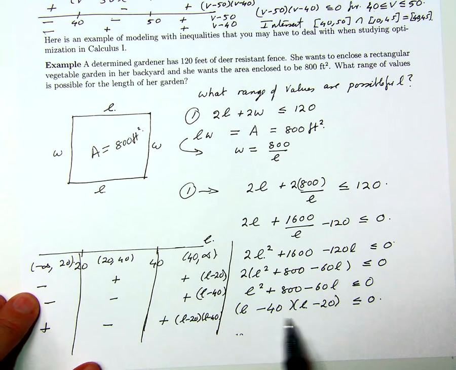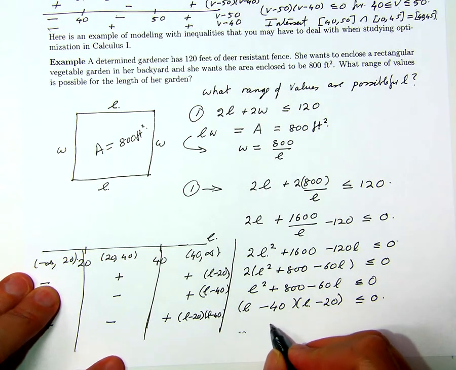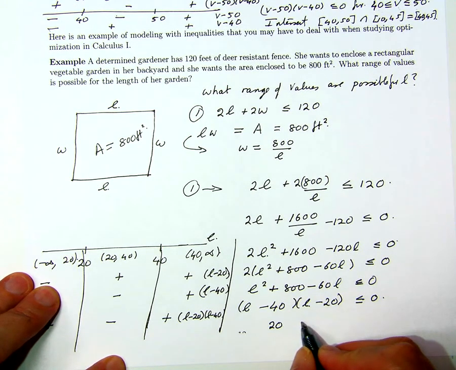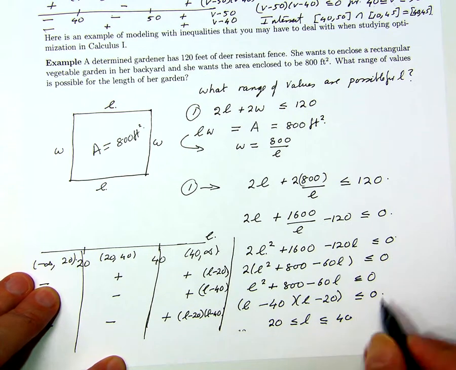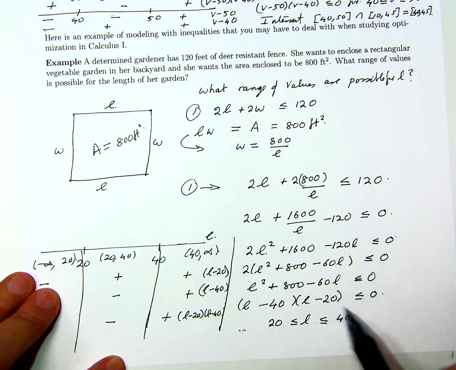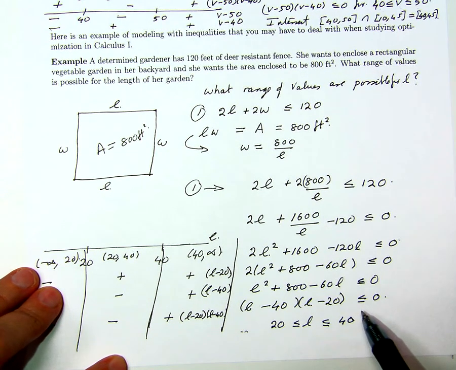So this expression is less than or equal to 0 when 20 is less than or equal to L, which is less than or equal to 40. And I'm including the 20 and 40 because the expression is equal to 0 at those points.